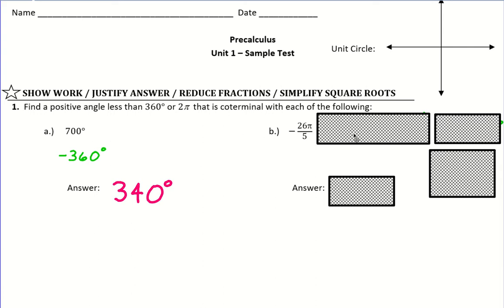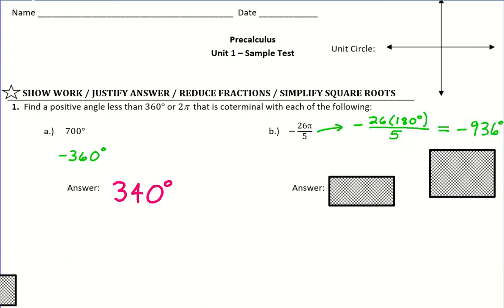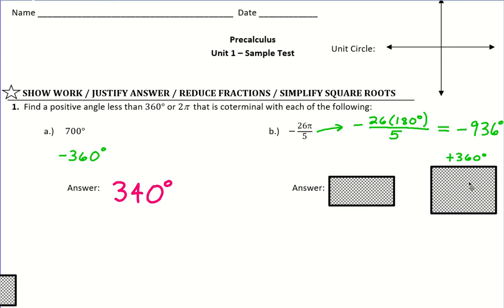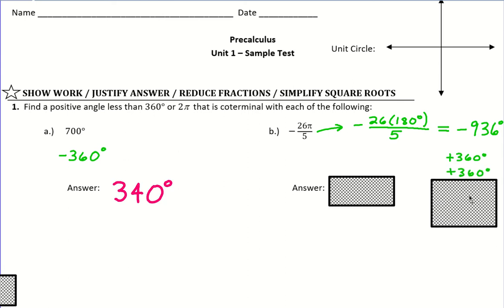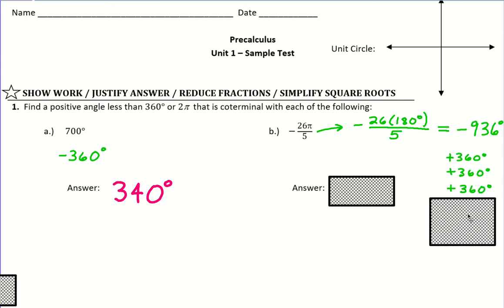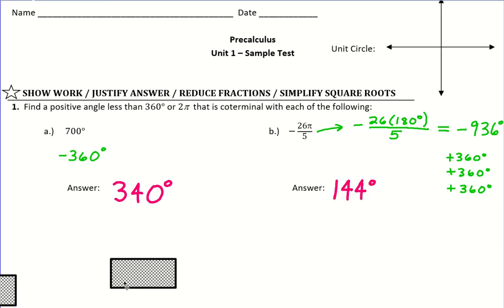So plug in 180 for pi, and 26 times that divided by 5, we get negative 936 degrees. Here we have to add 360, then add 360 again, and then again, until we get to an angle that fits the directions. And so 144 degrees, final answer.